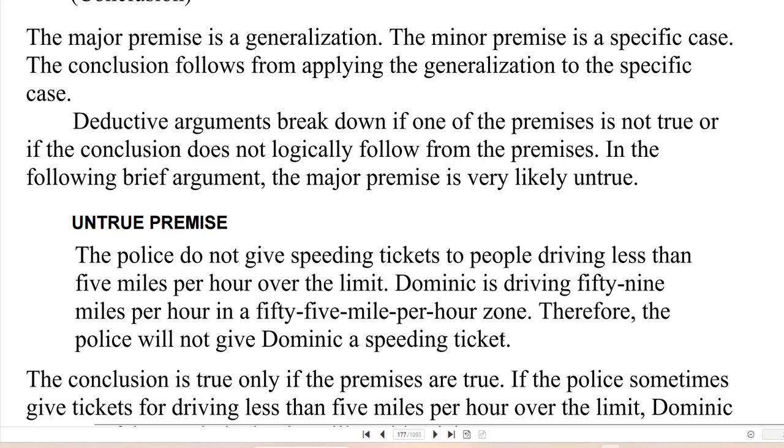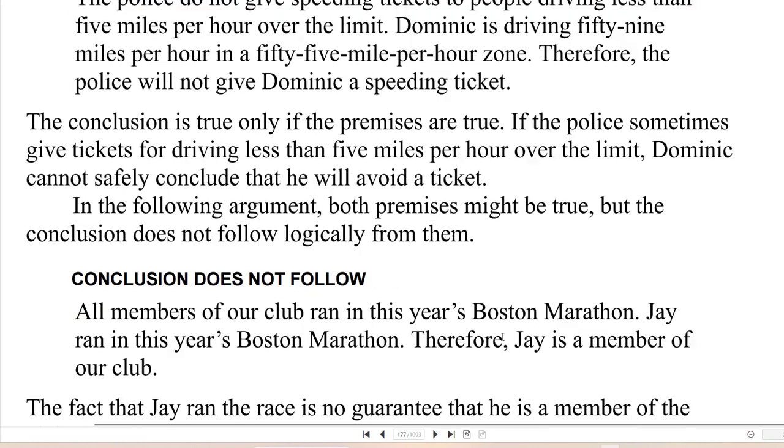Dominic is driving 59 miles per hour in a 55 mile per hour zone. Therefore, the police will not give Dominic a speeding ticket. The conclusion is true only if the premise is true. If the police sometimes give tickets for driving less than 5 miles an hour over the limit, Dominic cannot safely conclude that he will avoid a ticket.